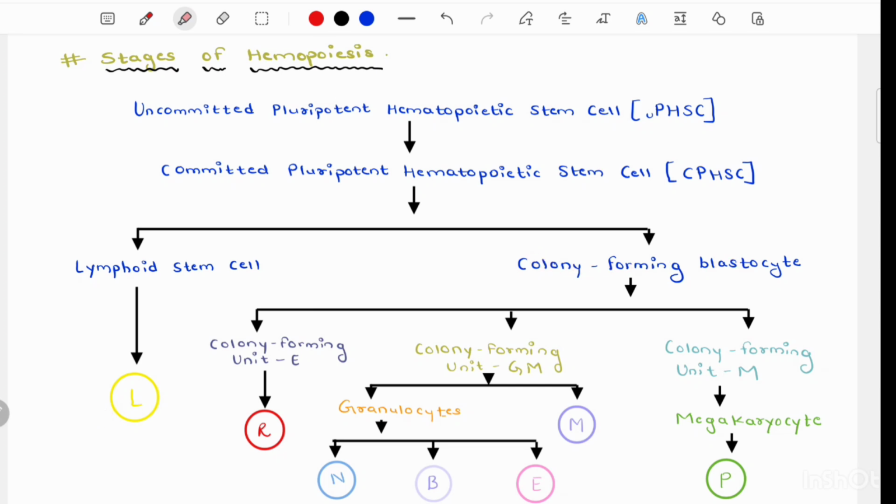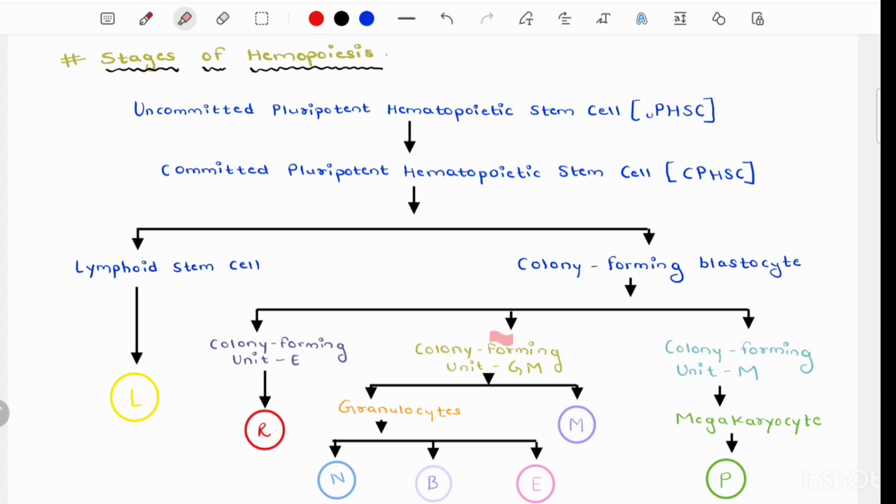Colony forming blastocytes, which gives rise to myeloid cell, and this form different unit of colony forming cells. The first is colony forming unit E, meaning the cell of this unit will develop into erythrocytes. So from here to red blood cell, this is erythropoiesis, and we will discuss this process after this.